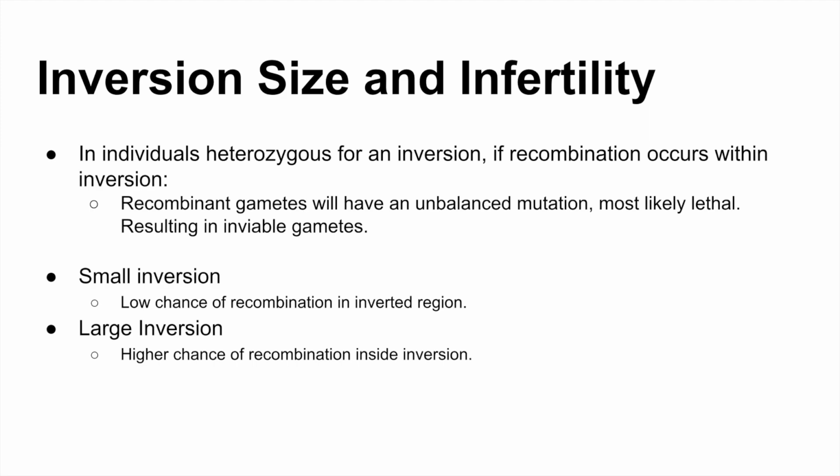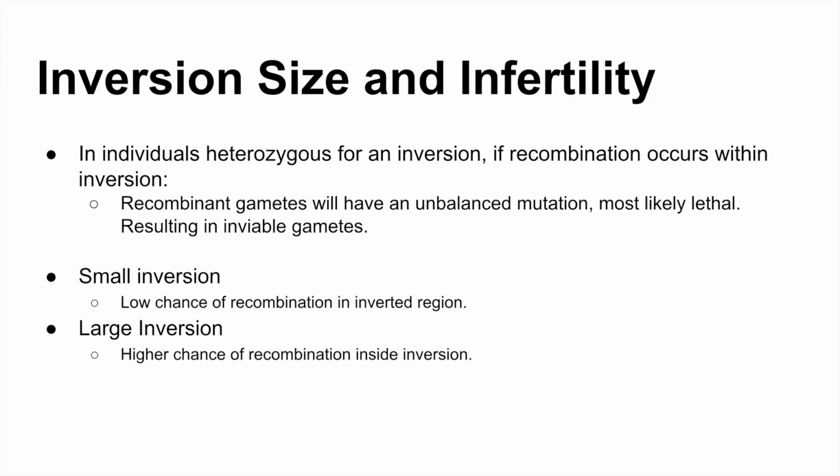In individuals heterozygous for an inversion, if recombination occurs within the inversion, recombinant gametes will have unbalanced mutations, and this will most likely lead to a lethal mutation since recombination would result in large duplications or deletions. And this would result in inviable gametes.